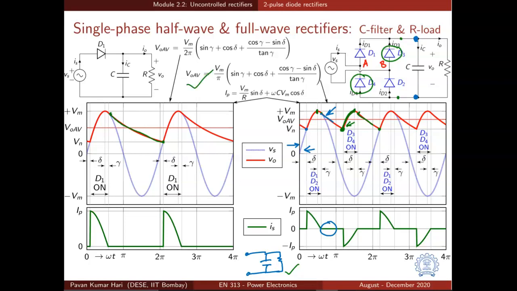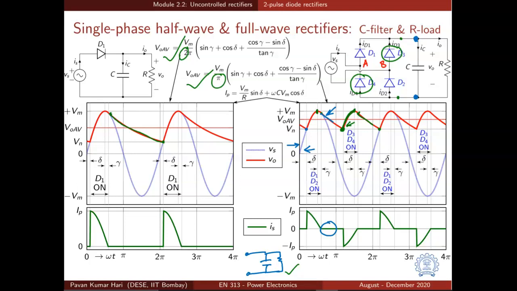The expression is quite similar to that in the case of the half wave rectifier, where the difference is only in the denominator. The denominator is 2 pi in the case of the half wave rectifier, whereas it is pi in the case of the full wave rectifier.